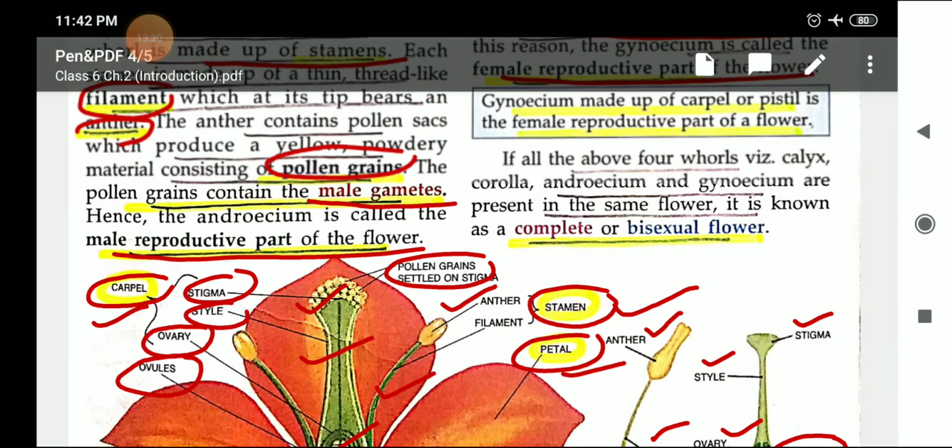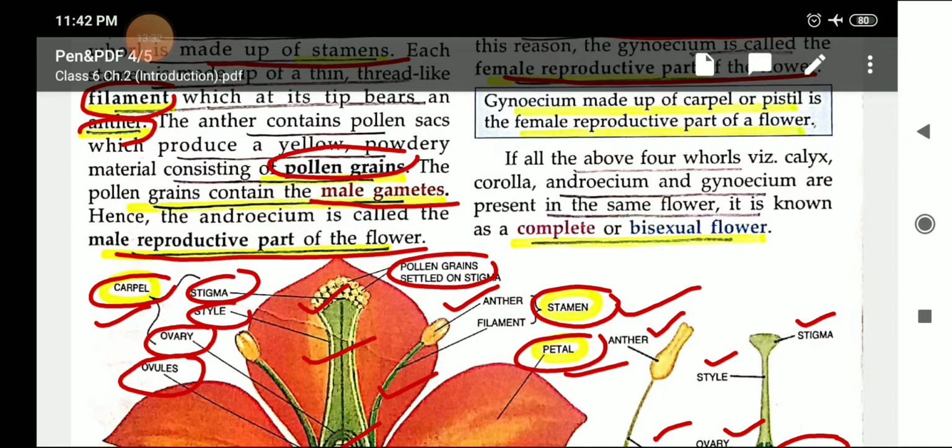Now let us see the types of the flower. Basically, the flower can be complete or incomplete. Now what do you understand by the term complete or incomplete? See children, as you know that there are four main whorls of a flower. Which are the four main whorls?